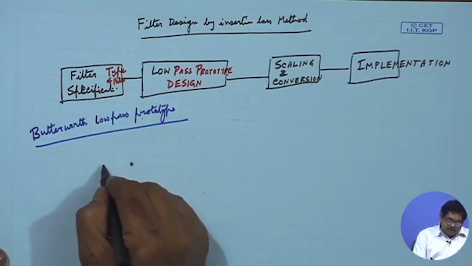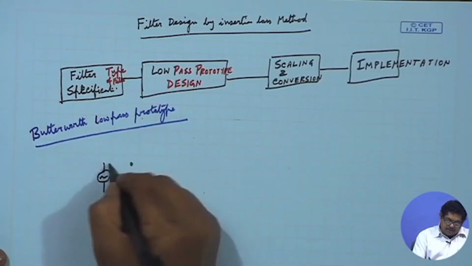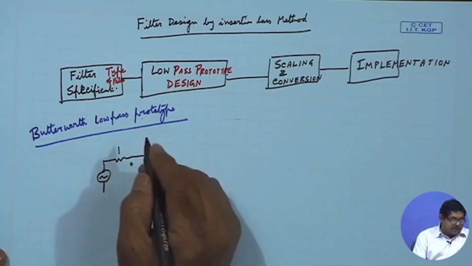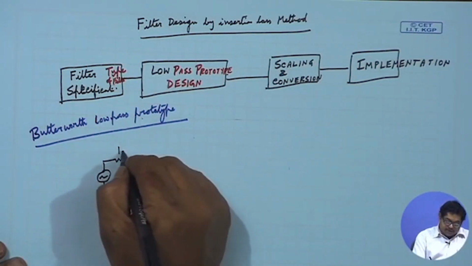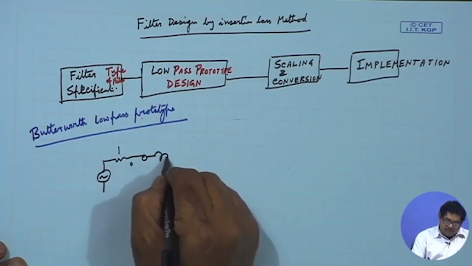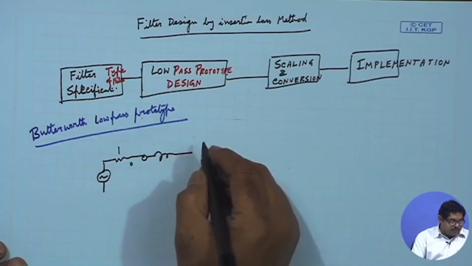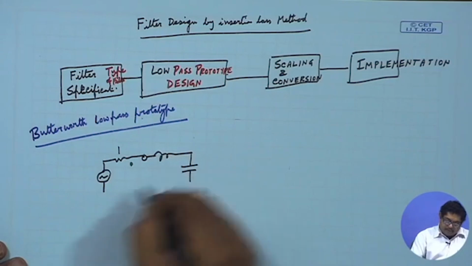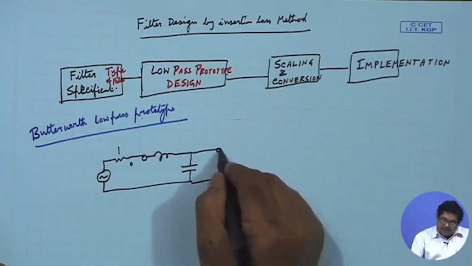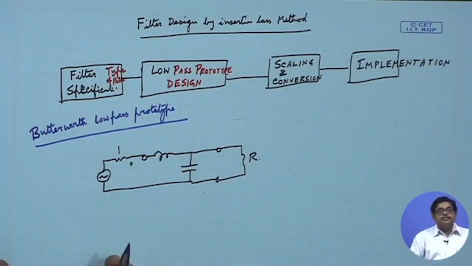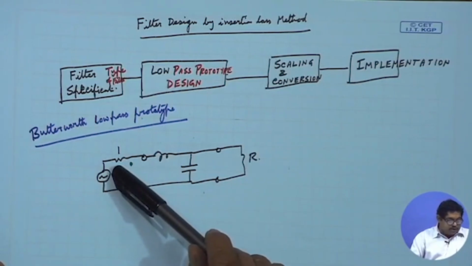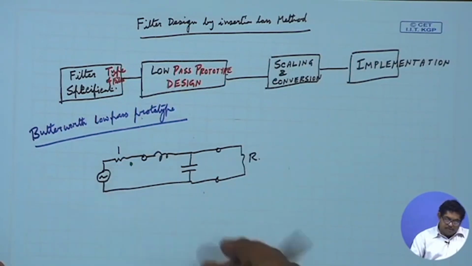Please see that here we have a source, then a source resistance that we assume to be always 1, then an LC circuit, and then we terminate it with a resistance load. So, the source resistance is 1 ohm.